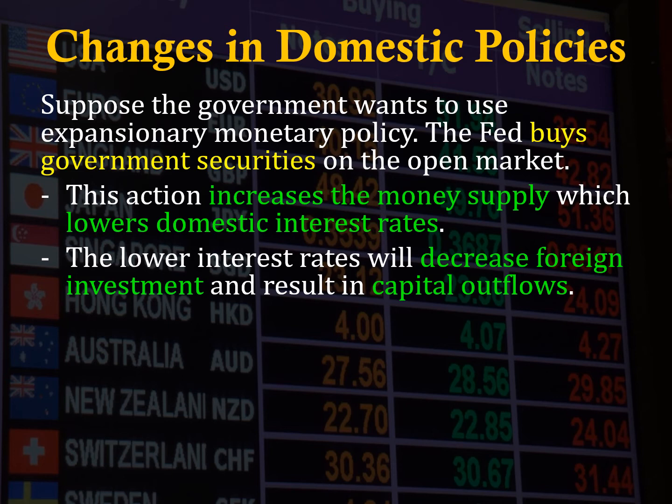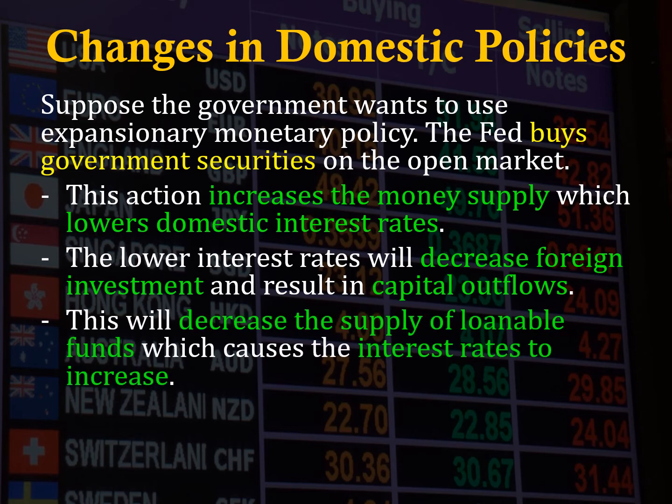That will cause the supply of loanable funds to decrease, which will raise the interest rates back to what it probably was before. So you can see how all these things kind of neutralize and basically affect one another such that you end up back at equilibrium. So those are changes in both fiscal and monetary domestic policies.